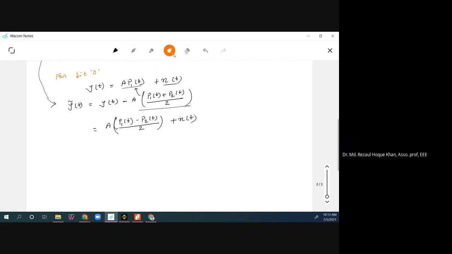Let's give a name to this one, p tilde. The new expression becomes a p tilde(t) plus n(t). This is our y tilde(t). So we have a new expression for bit 0.